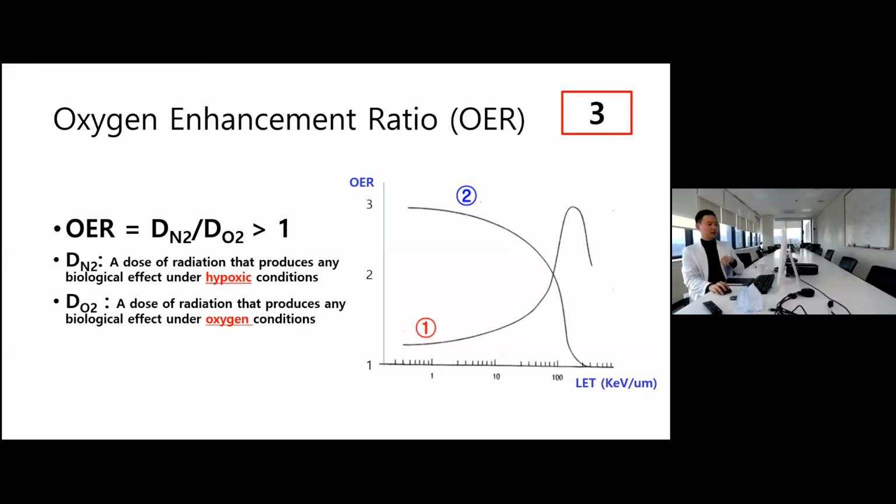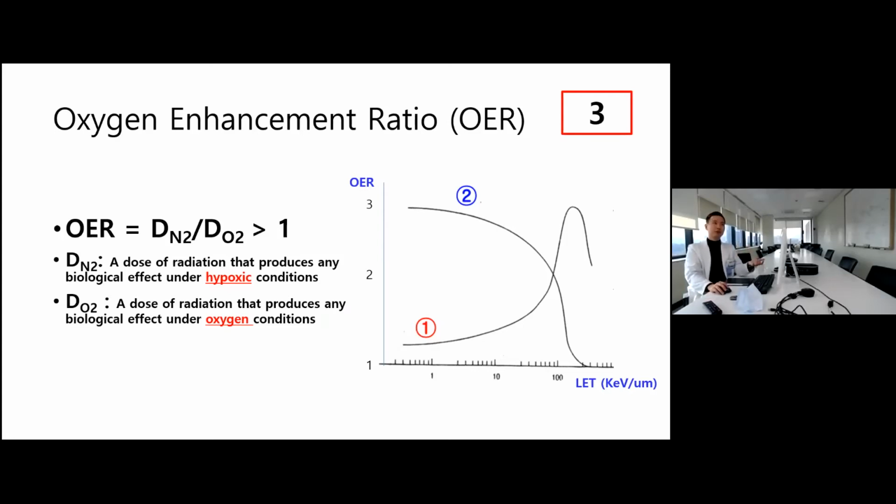Okay, I think the answers are pretty similar. However, you can imagine that in high LET there will be actually no difference between hypoxic or oxygen condition, because this oxygen enhancement ratio refers more to the indirect effect, like free radical production.